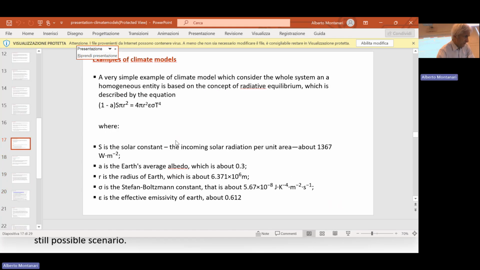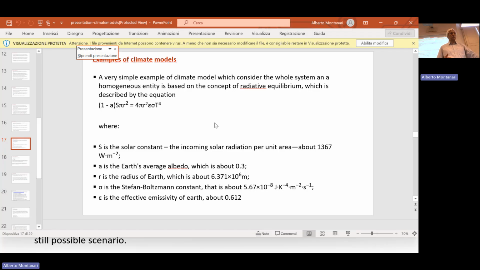Okay, yes. A very simple example of a climate model. I mentioned to you that it's possible to consider the globe, the Earth system, as a unique control volume. And if I consider the whole system as a homogeneous entity, I can impose the radiative equilibrium.